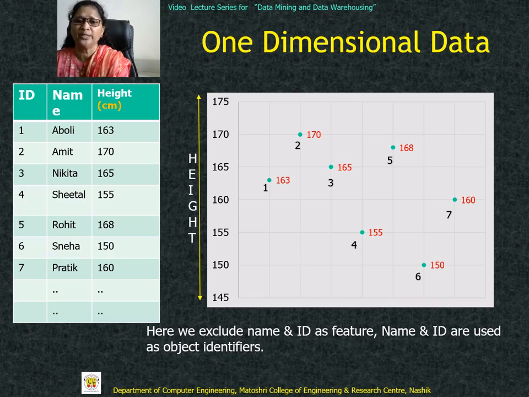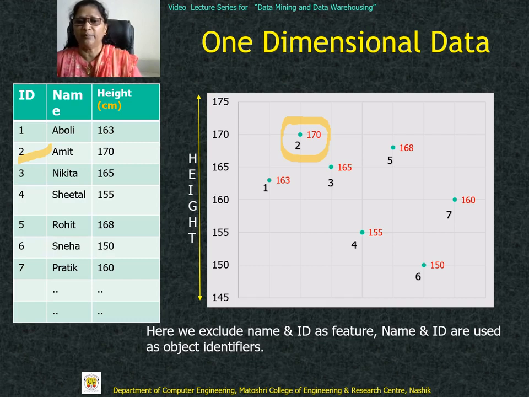So all the points marked on the graph, let me choose a brush. If you look at this, this is representing identifier 2, that is Amit. We are not representing the name with the ID, so it is representing the second data object with height 170, and we are using only one dimension to define these objects.